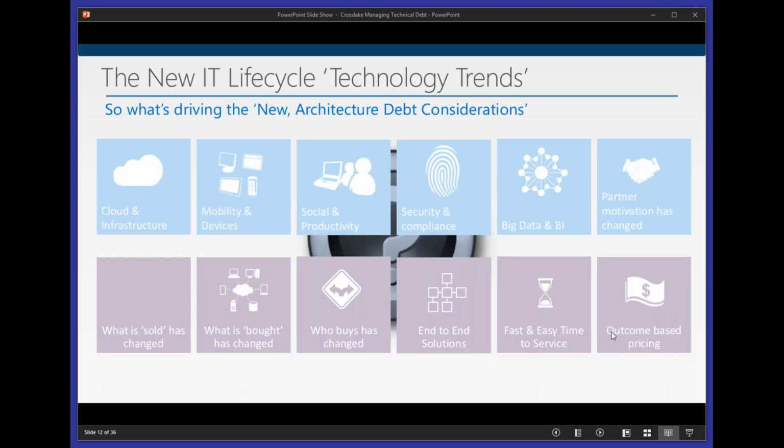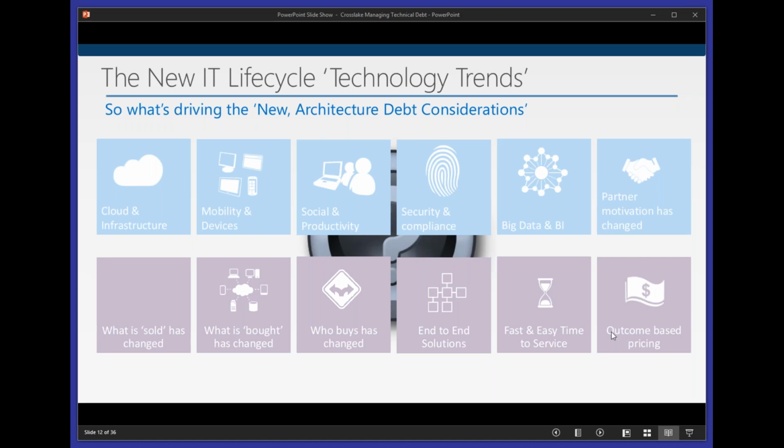A couple of things around, obviously, the elements that are driving some of the new considerations around technical debt. So big data or small data and business intelligence are driving new considerations for technical debt. Cloud and infrastructure, obviously, if you're not managing assets appropriately in the cloud, then you end up with significant debt and significant risk around things such as security and vulnerability.